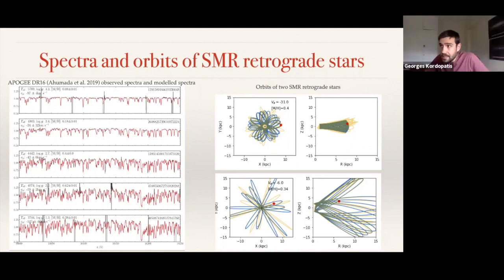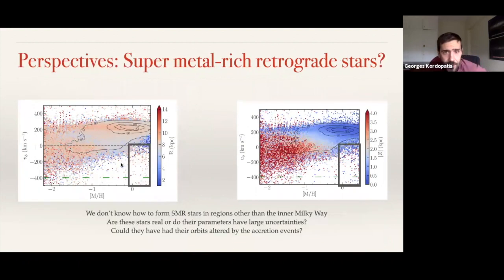To my knowledge, this has not been investigated before. And this is for several reasons. Those objects here are very few. If I show you here again this plot, you have very few of those stars. Here you see the contour lines. And overall, from my 2 million initial sample, I have 100, even less if you try to be conservative, of those supersolar metallicity retrograde stars.